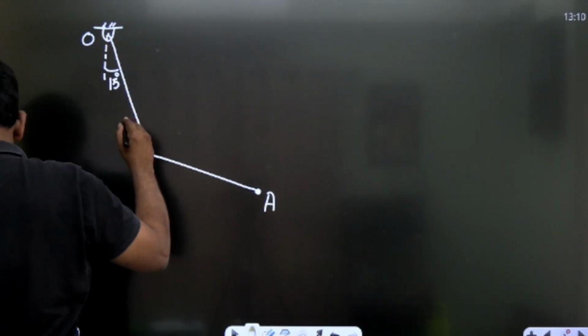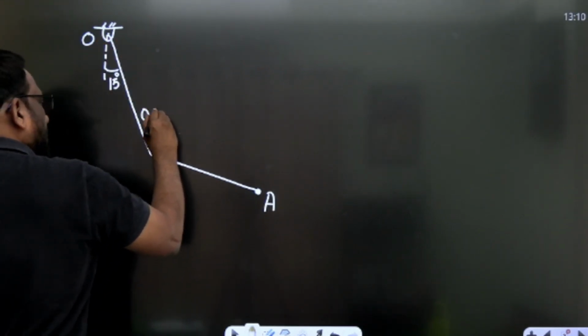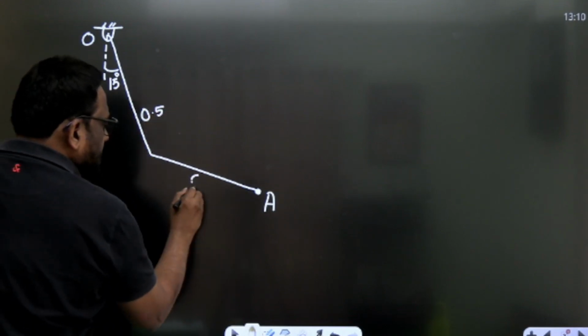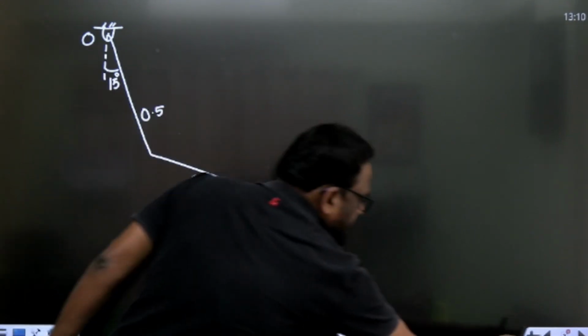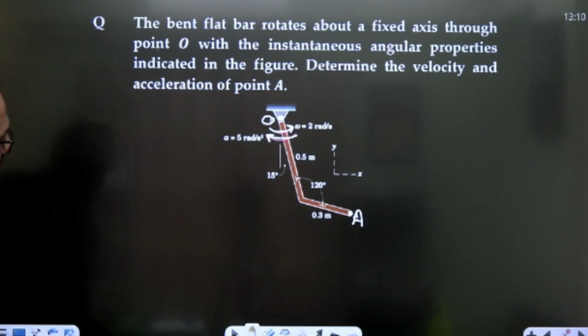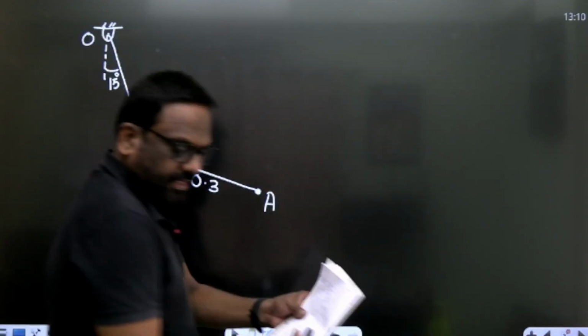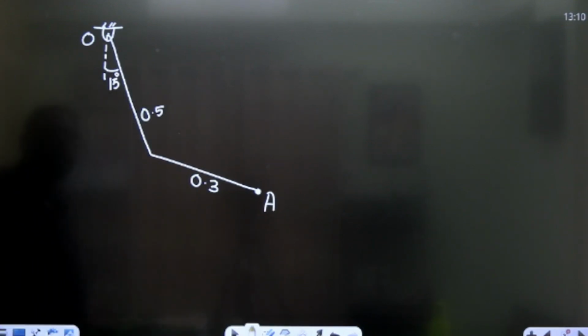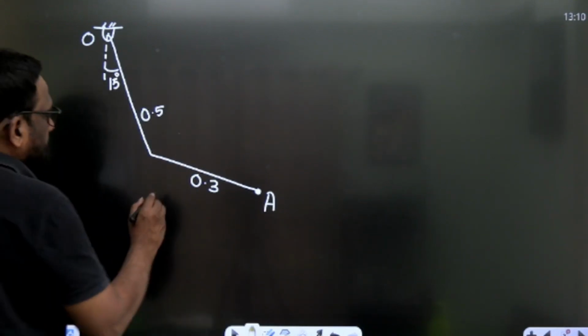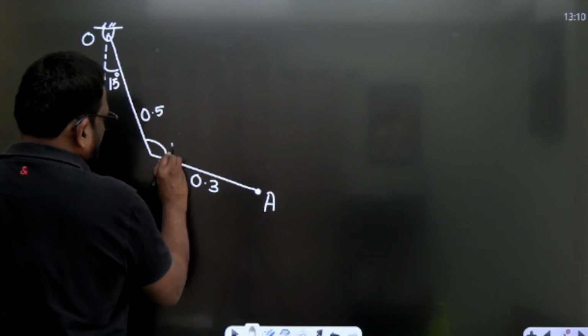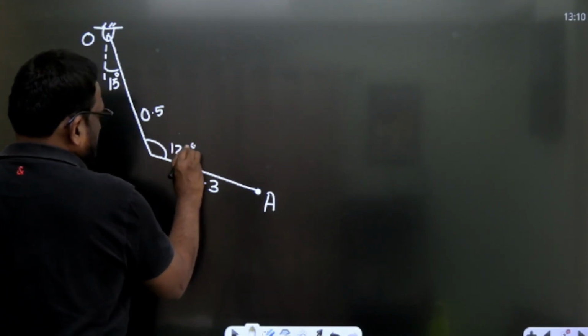This length is given as 0.5 and this length is given as 0.3. Let me check, sirs. 0.5, 0.3, yes, 120 degree. Alpha is 5. This angle is given as 120 degree.